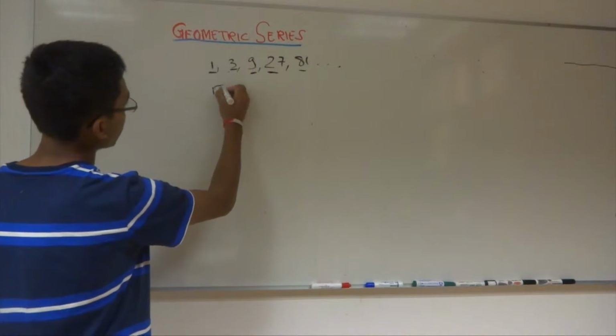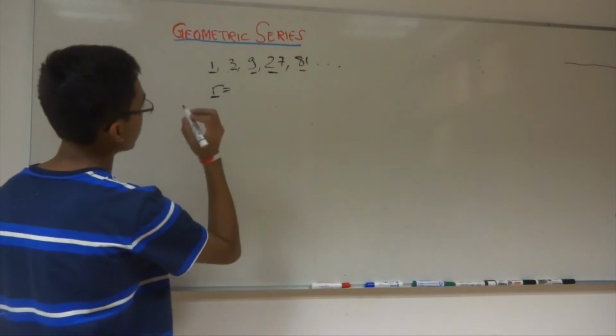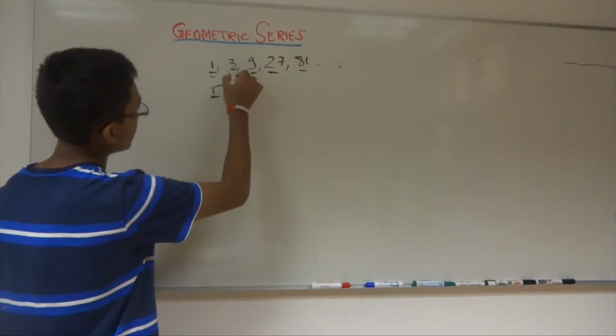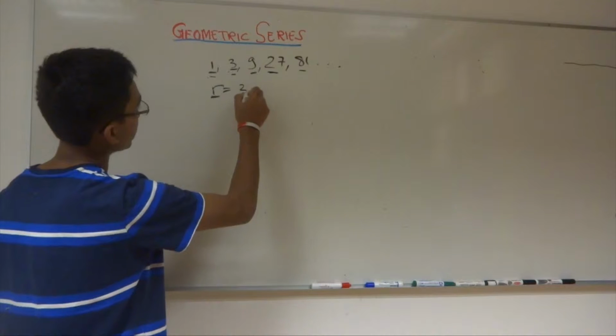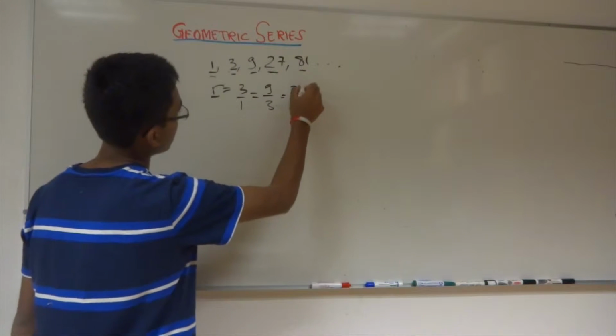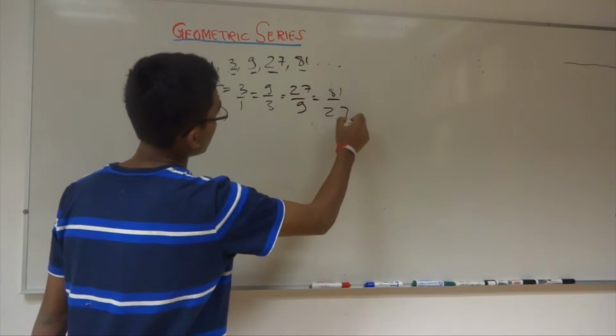So r, the common ratio, is given by the ratio between the term and its predecessor. That'd be 3 divided by 1, which is equal to 9 divided by 3, which is equal to 27 divided by 9, and so on.